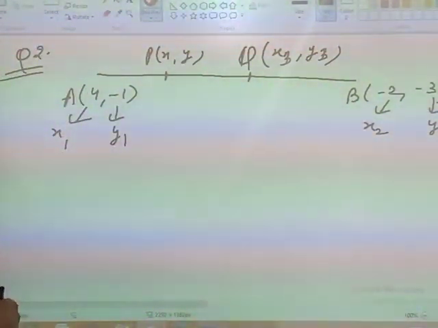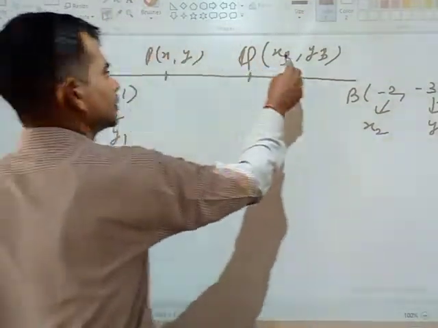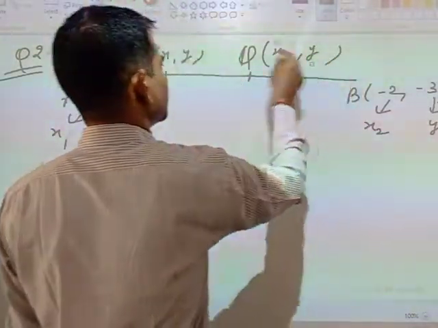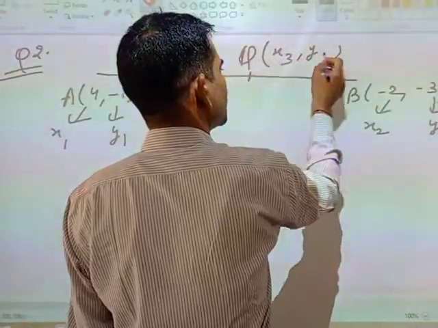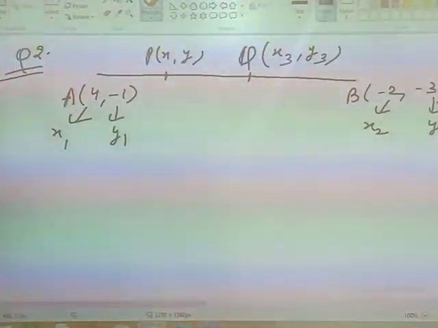Any doubt, any problems? Now please tell me the coordinate of the point. What will be the ratio of point P with respect to AB?